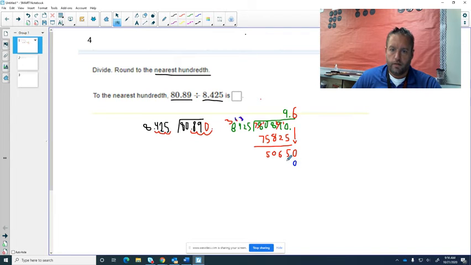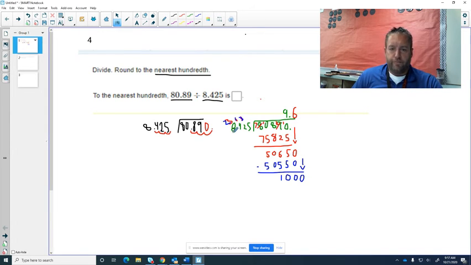So I'm going to carry the 1. 6 times 4 is 24, plus 1 is 25. So I'm going to carry the 2. And 6 times 8 is 48, plus 2 is 50. And when we subtract, we get 100, bring down a 0.